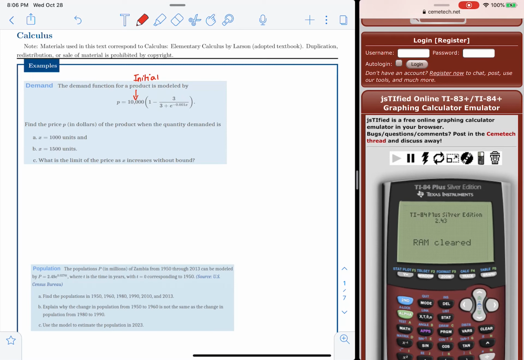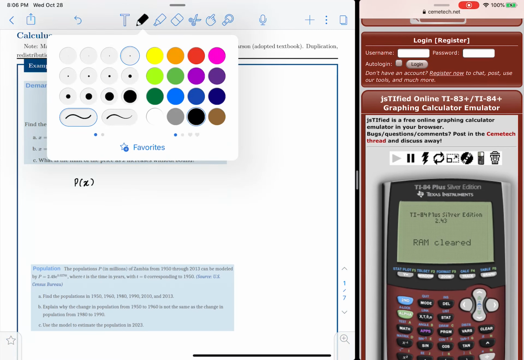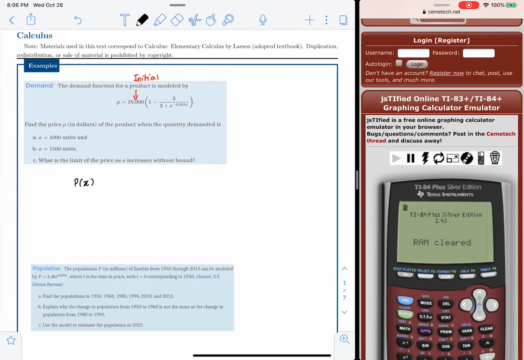So the price is given by p, and it is a function of x. And p of x is equal to the given expression.